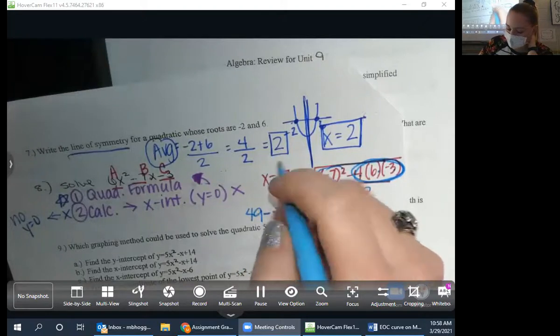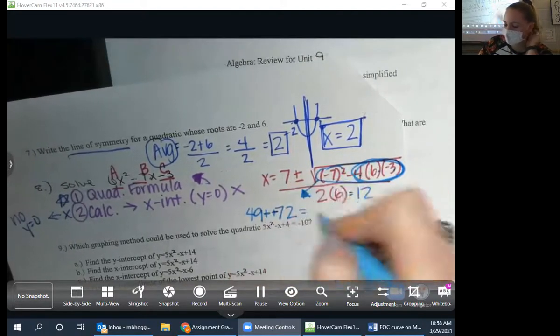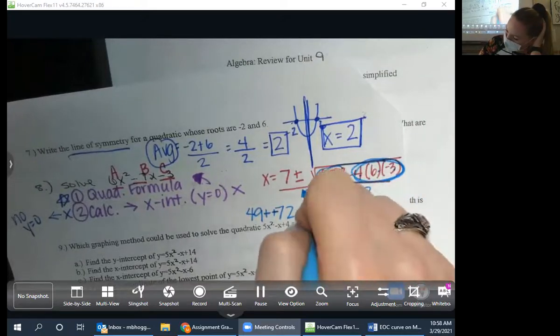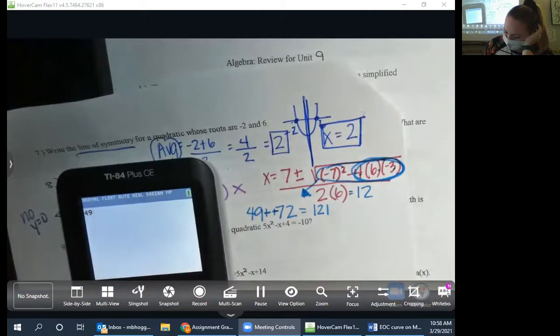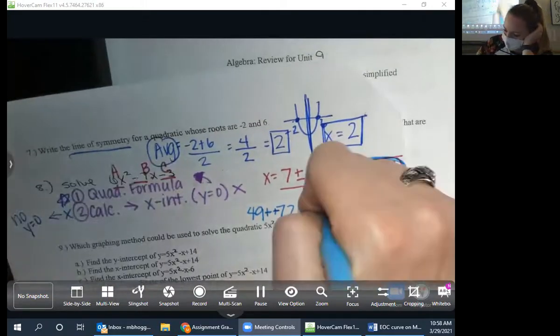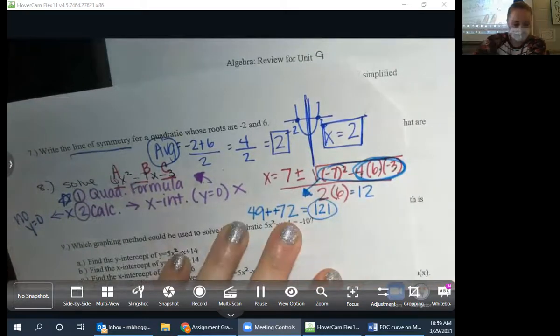What do those two negative signs do? Plus positive. You just add them together. If you do that in your calculator, it's 121. Okay, so now you're left with this.